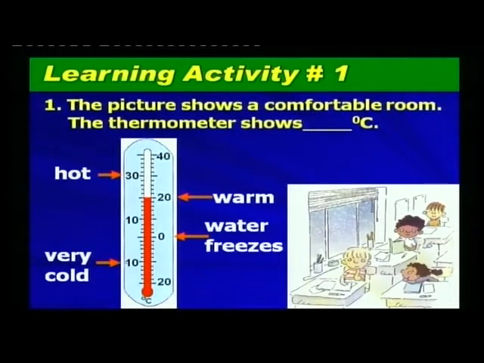Can we have other students? Vanessa, what is the temperature reading from the thermometer? We are now on the learning activity.